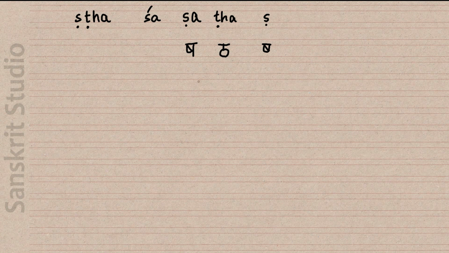And here we can compare this with the sh sound with the pa, and the pa looks like this, which we have done many times. So we're just adding the diagonal stroke to get the sh.